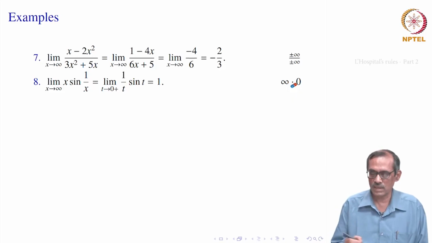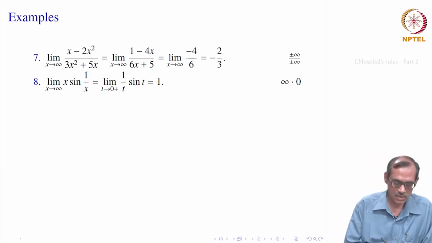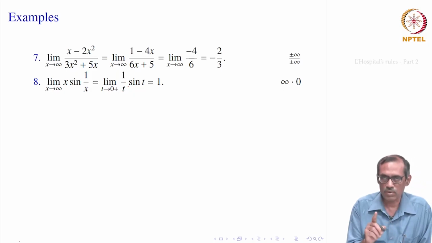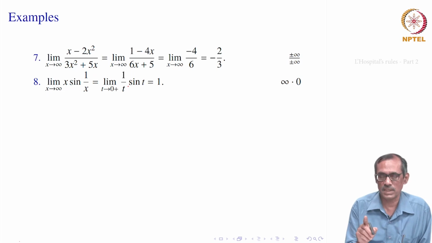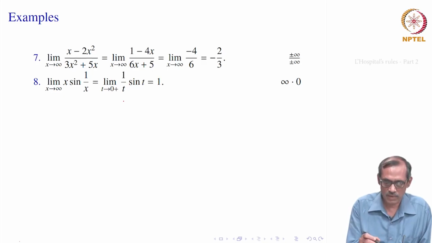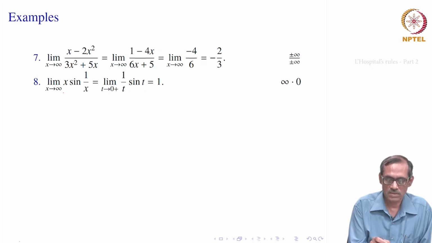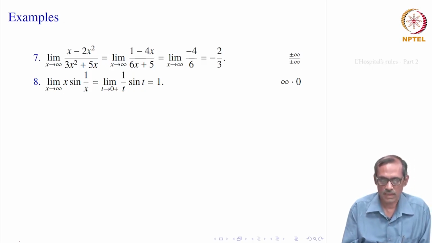Okay. So, with this indeterminate form, let us see what happens when you apply L'Hopital's rule. But L'Hopital's rule requires it to be in the form 0 by 0 or infinity by infinity and so on, not infinity into 0 directly. So, we look at it in a different way. We say t goes to 0 plus, it is 1 by t into sin t, right.